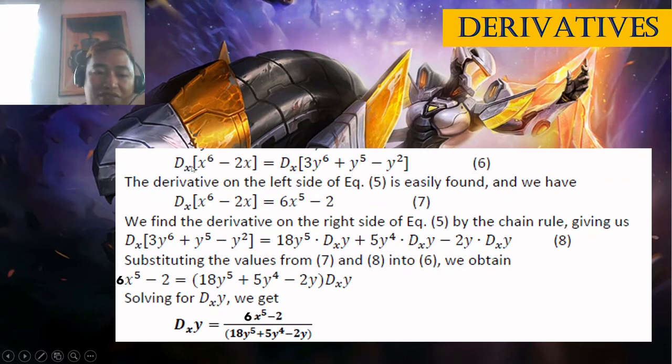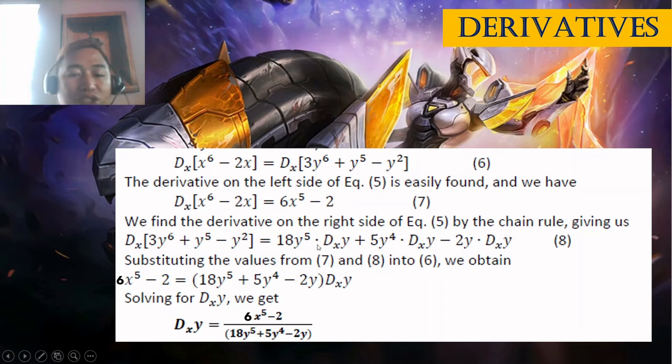So, solving the derivative, the first term is 6x to the 5th minus 2, right? 1 times 6, minus 1 from the exponent, so 5. And then the derivative of this is minus 2. Okay, we find the derivative. For the other side, 6 times 3 is 18, so 5 because the exponent is minus 1.